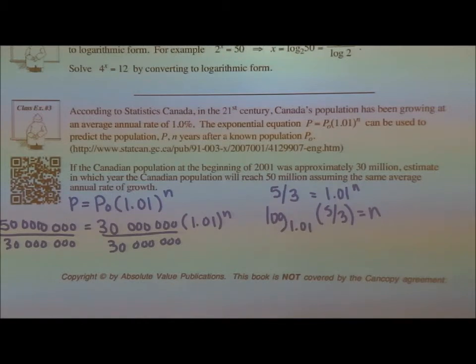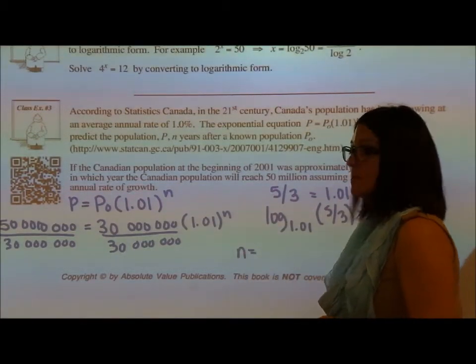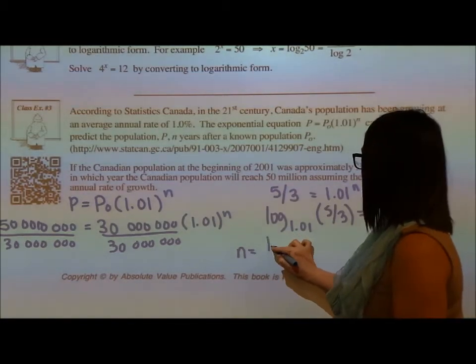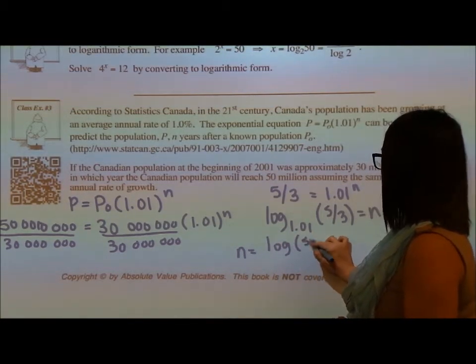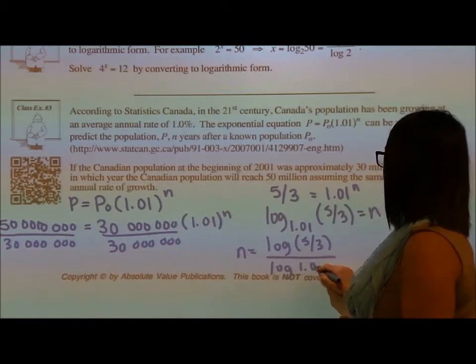So then how do I put this in the calculator? Log 5/3 divided by log 1.01.